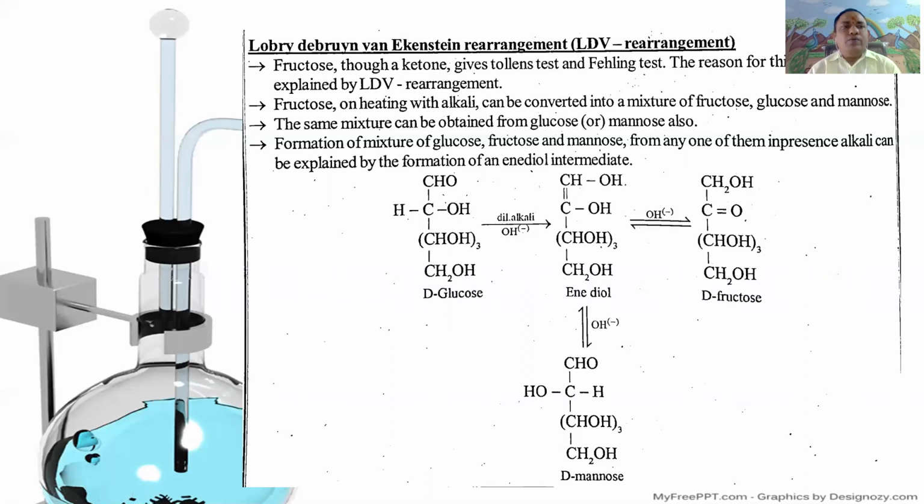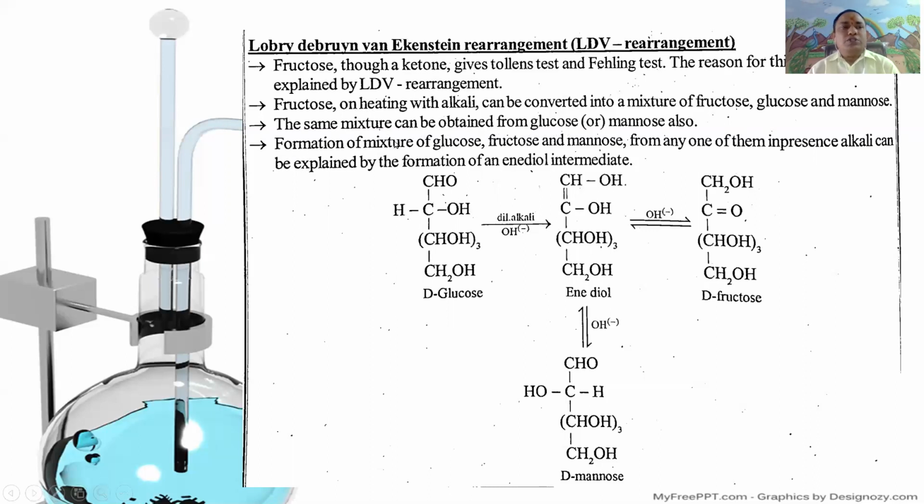Lobry de Bruyn-Van Ekenstein rearrangement. In this rearrangement, fructose or glucose or mannose on heating with alkali can be converted into the mixture of glucose, fructose and mannose. The same mixture can be obtained from either glucose or mannose also.